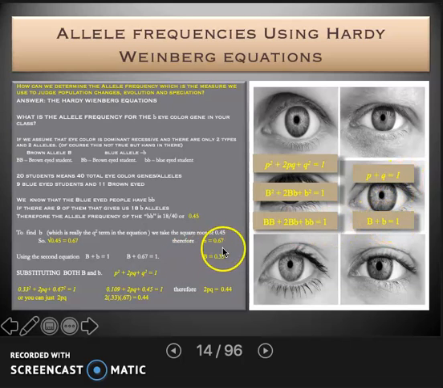I just substitute that in, and that means big B's allele frequency is 0.33. Now I can substitute these values into the equation, or I can just take 2pq. 2 times little b times big B gives you 0.44, and that's the frequency of the heterozygote.